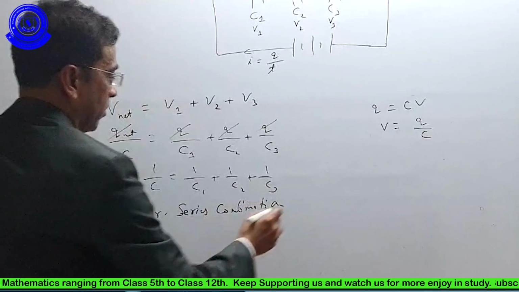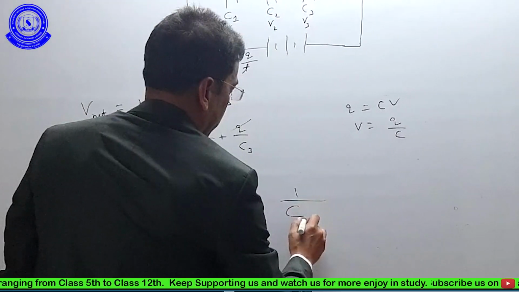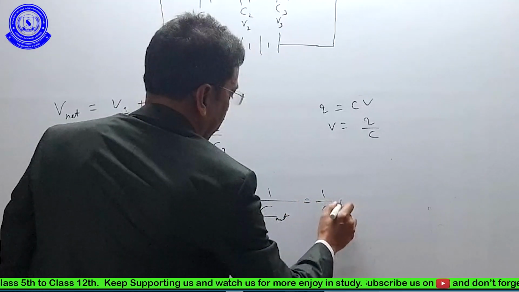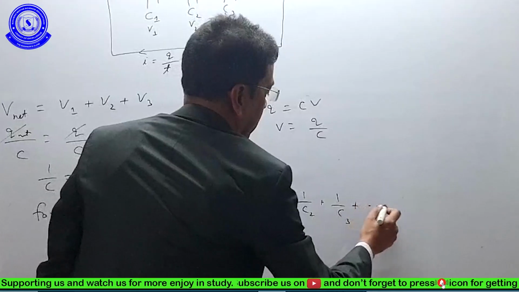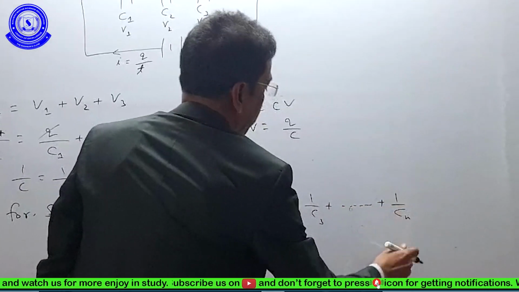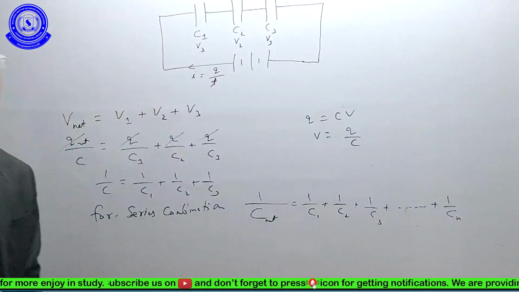The formula is 1 by C net equal to 1 by C1 plus 1 by C2 plus 1 by C3, and so on.